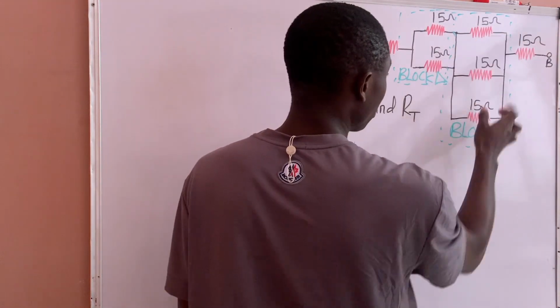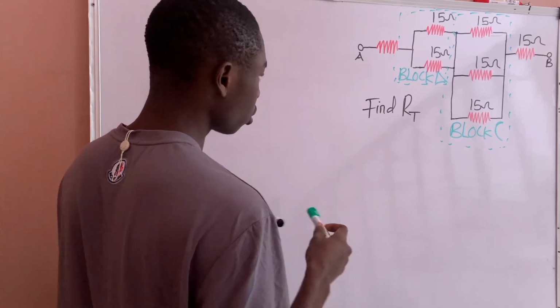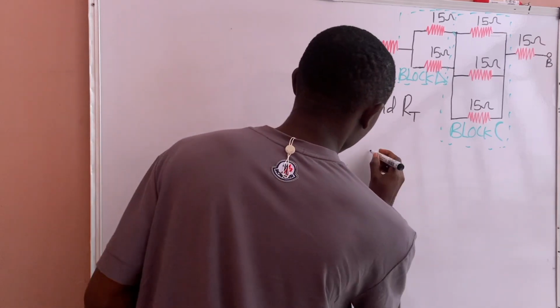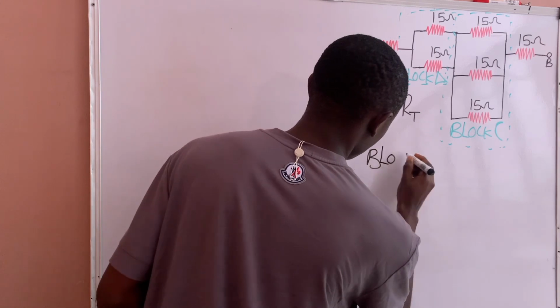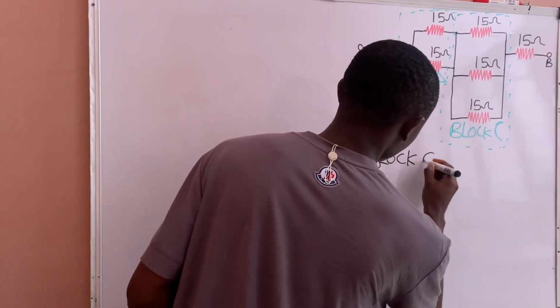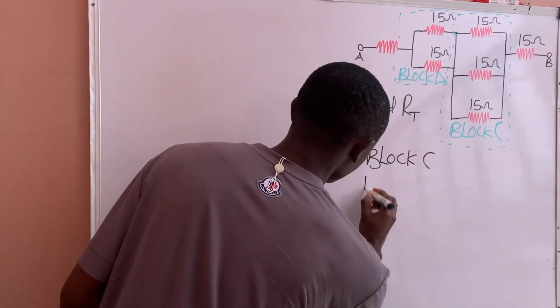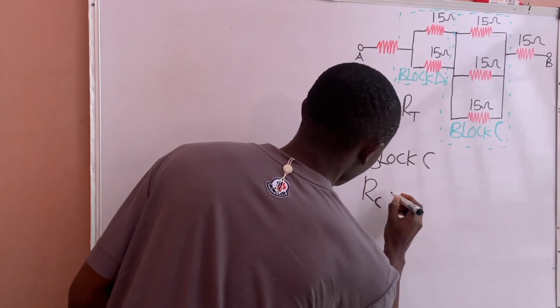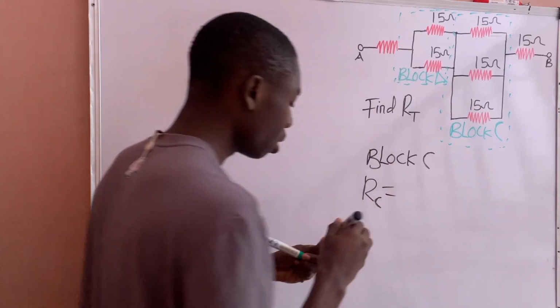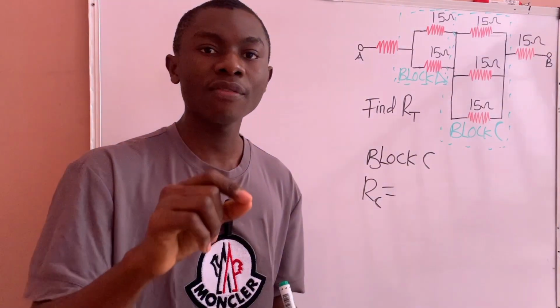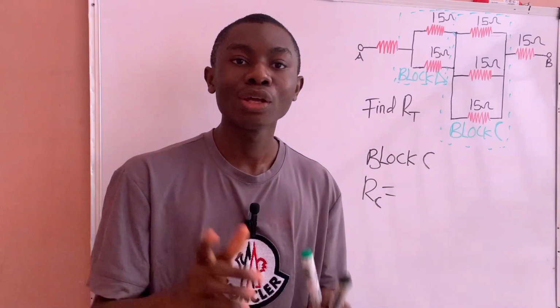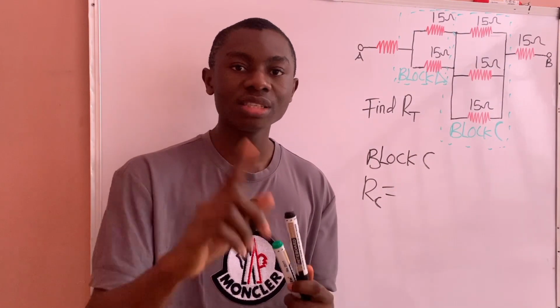So let us find for block C. The total resistance, which is ROC, will equal 15. Whenever you have the same value of resistors in parallel, don't use a formula. Here is the shortcut.